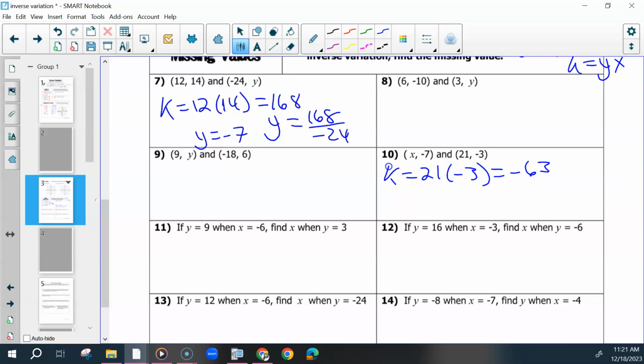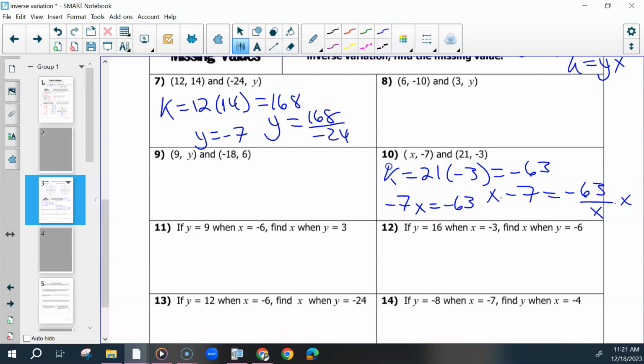If we are supposed to put it in y equals k over x, we now know our y value is negative 7. Our k value is negative 63. And we don't know x. So negative 63 over x. How would I solve this? Yes, multiply both sides by x. So we have negative 7x equals negative 63.